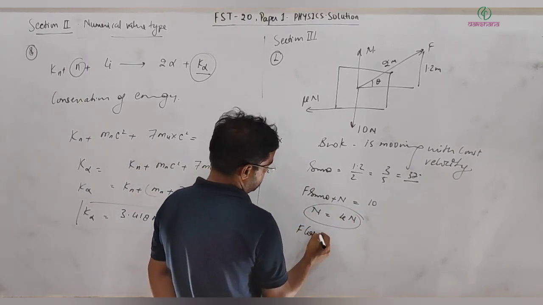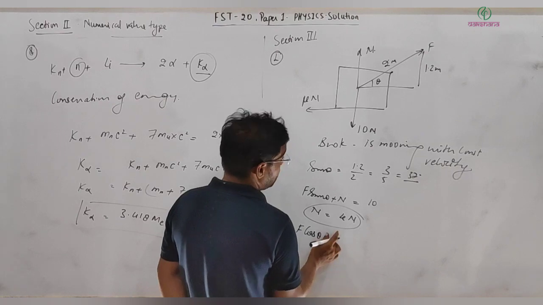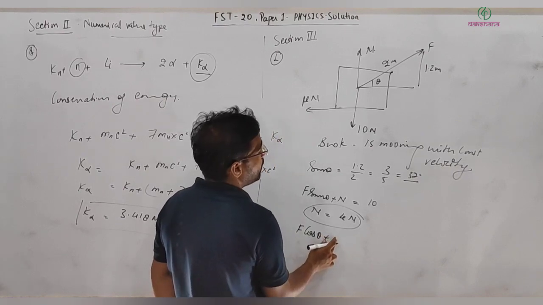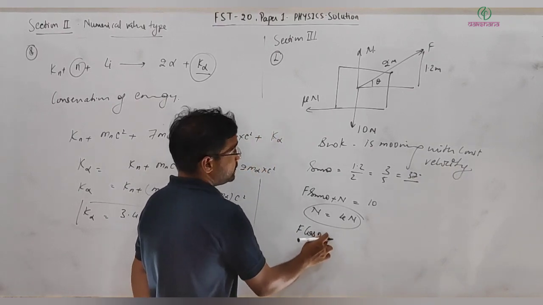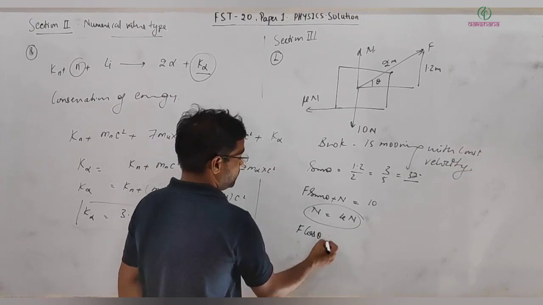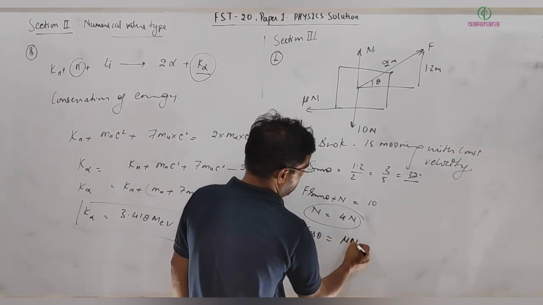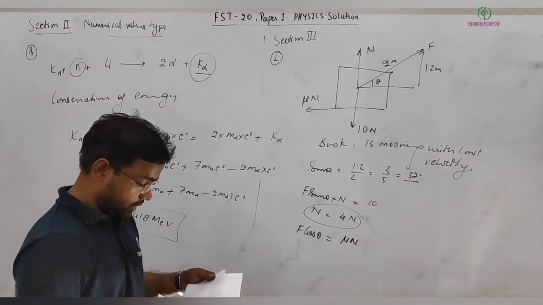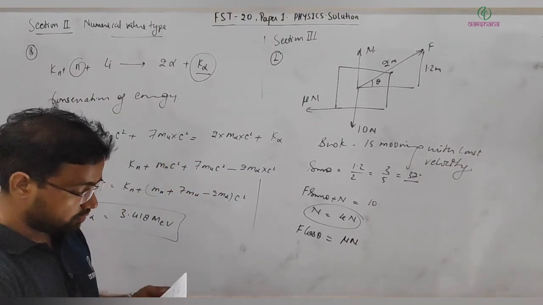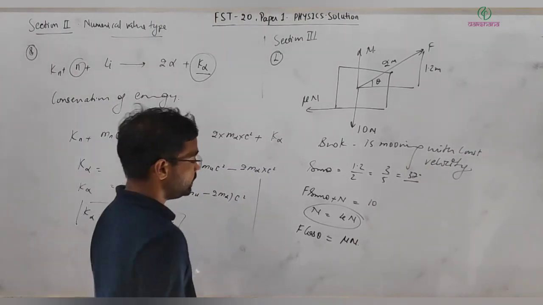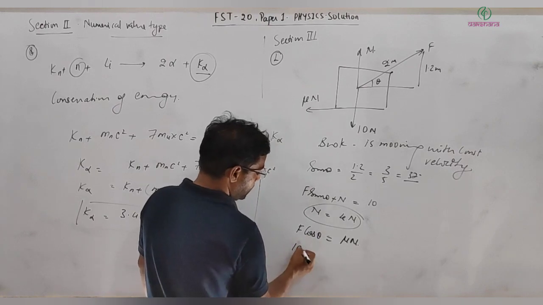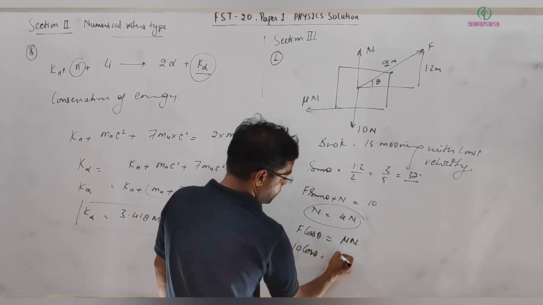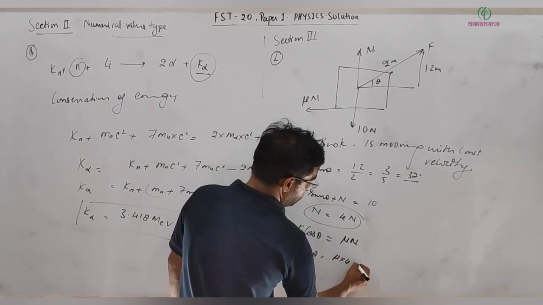Next, F cos theta should be equal to mu times normal reaction, right? Here F we know is 10, cos theta we know, and normal reaction is 4, so mu into 4.